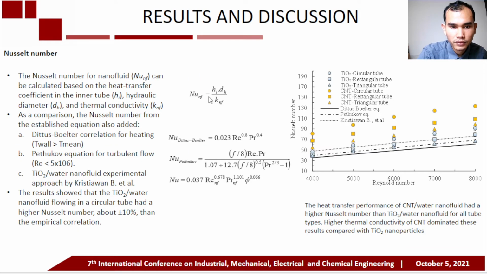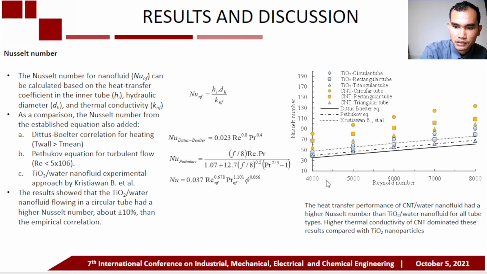The Nusselt number of the nanofluid is calculated by using this equation, and we compare it with the established equations from Dittus-Boelter and also Petukhov, and also the experimental approach from Christian et al. for the titanium dioxide nanofluid also submitted in this paper. It results that the titanium dioxide water nanofluid had a Nusselt number about 10% higher than the empirical correlation from Christian.